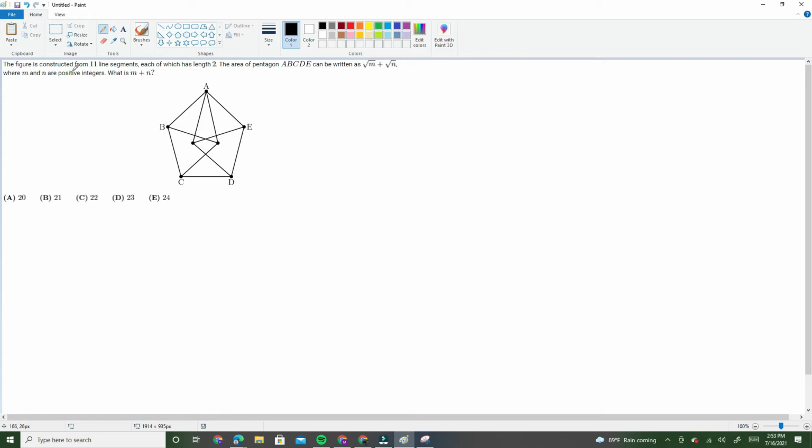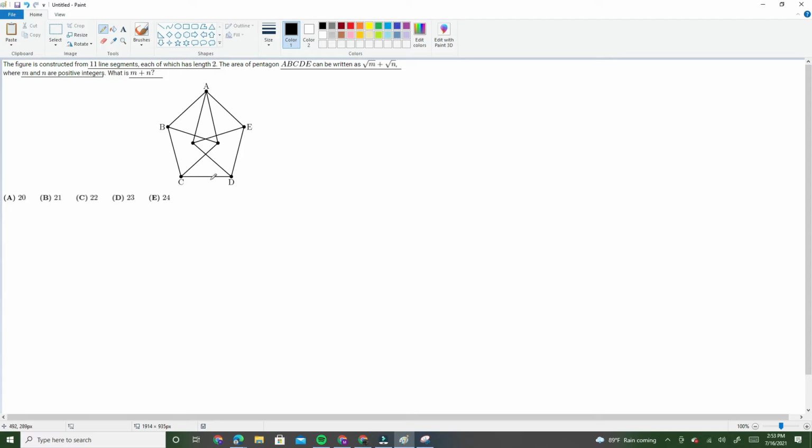The figure is constructed from 11 line segments, each of which has a length of 2. The area of pentagon ABCDE can be written as root m plus root n, where m and n are positive integers. What is m plus n? So the problem is quite simple in its context.